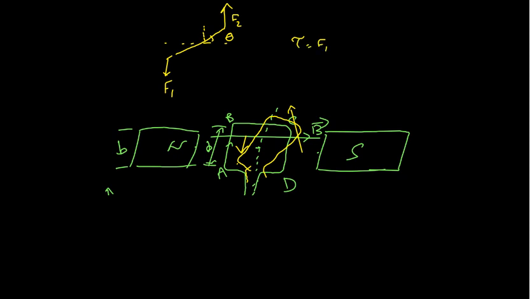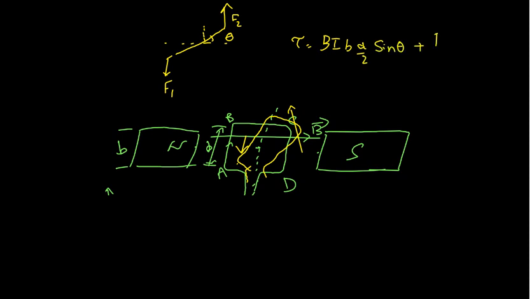I B by 2 sin theta will come extra. Similarly, for that B I B A by 2 sin theta.